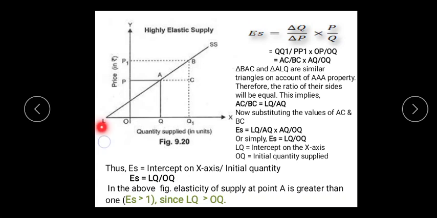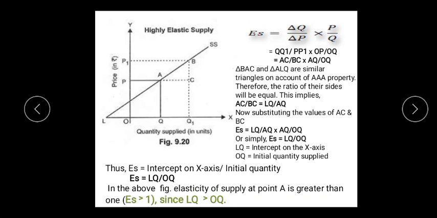Since in this figure LQ is greater than OQ, that is numerator is greater than denominator, elasticity of supply is greater than 1. Or we can say this curve is highly elastic supply curve.